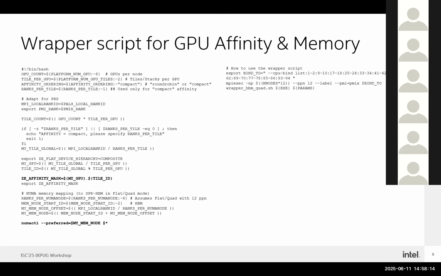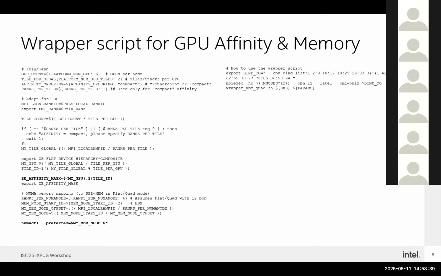The other thing that the wrapper script does is map to a specific memory module. If you use DDR, then the rank that runs on the first socket will get the memory ID 0. But if you want HBM, it will be 2 for the first socket.